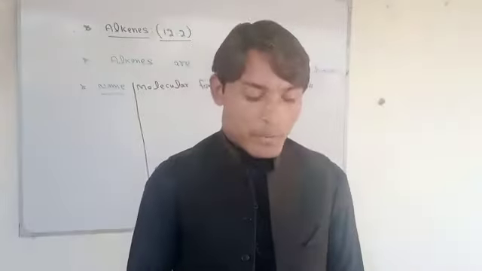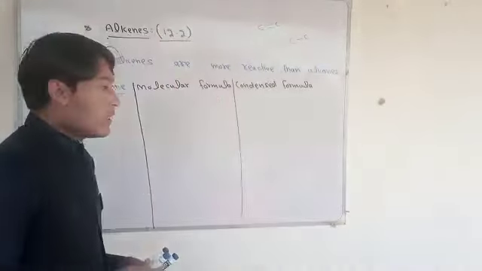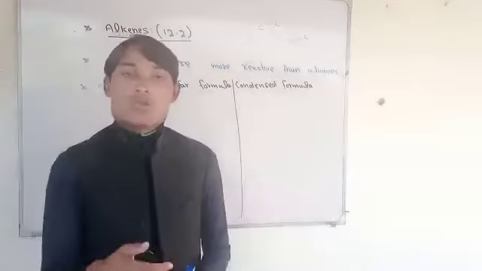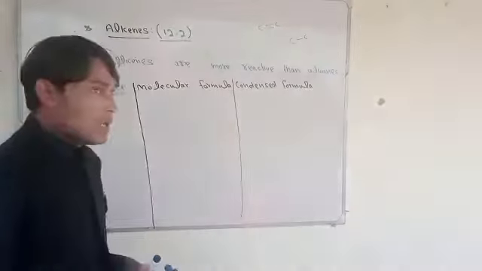So let's talk about how we give names. It is very simple. First of all, we need to learn that carbon number 1 is not possible, so carbon number 2 is possible.